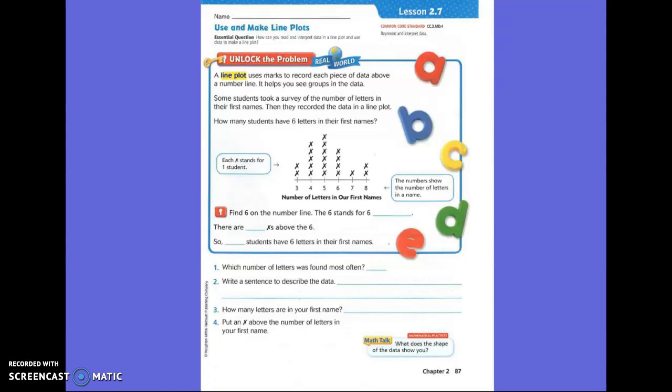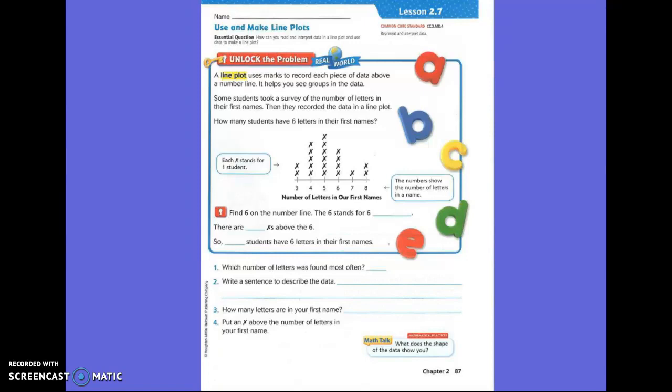Some students took a survey of the number of letters in their first names. They recorded the data in a line plot. How many students have 6 letters in their first names?